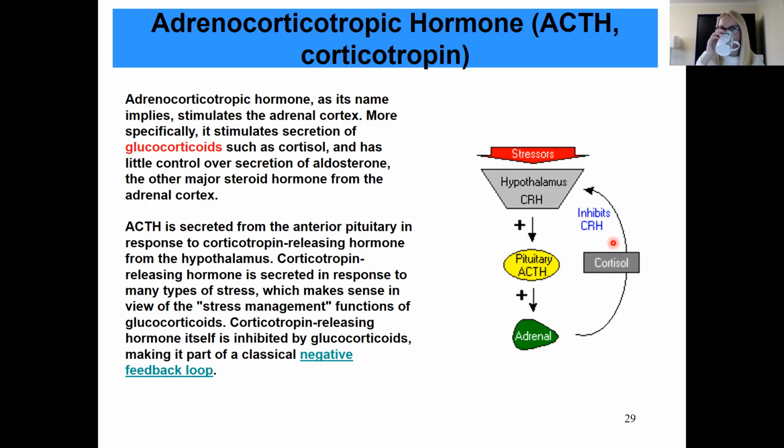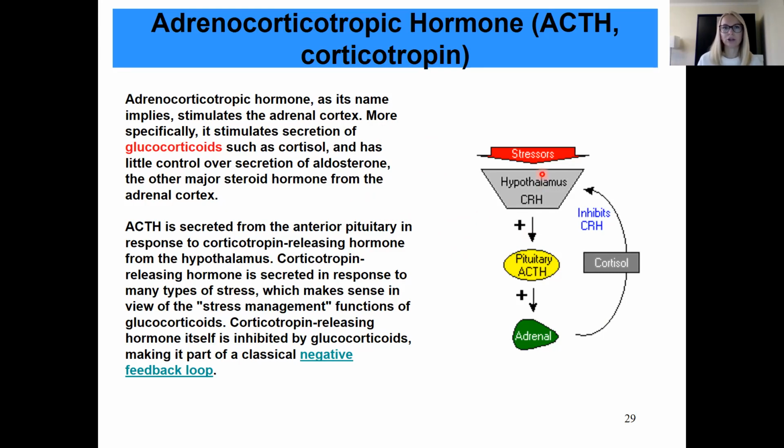Next one is adrenocorticotropic hormone, or corticotropin, whose main effect is to stimulate the adrenal cortex. It stimulates secretion of glucocorticoids more specifically, such as cortisol, and has only little control over secretion of aldosterone, the other major steroid hormone from the adrenal cortex.